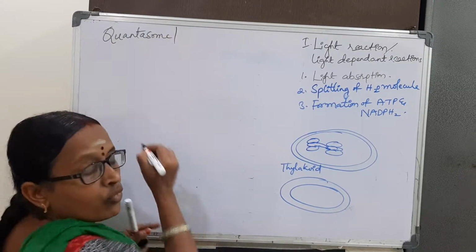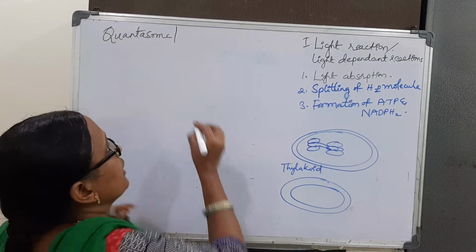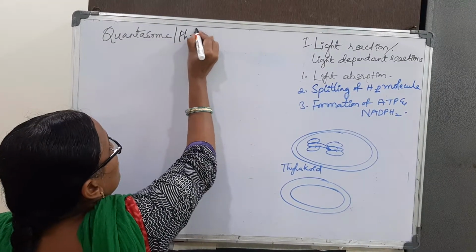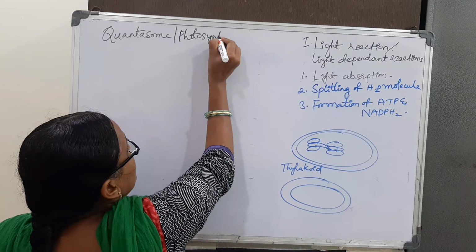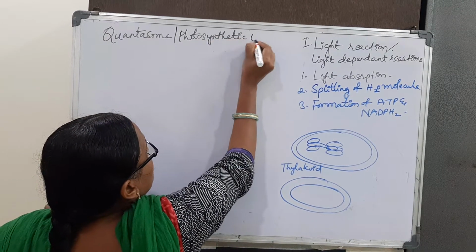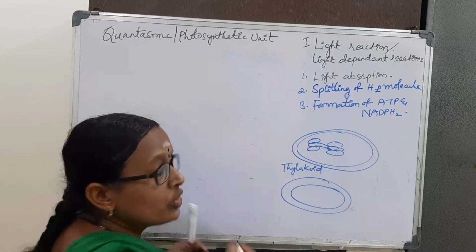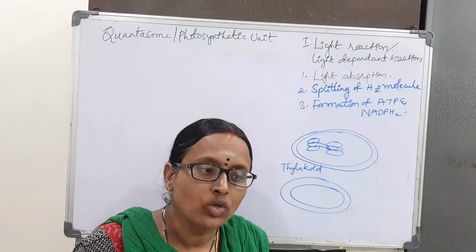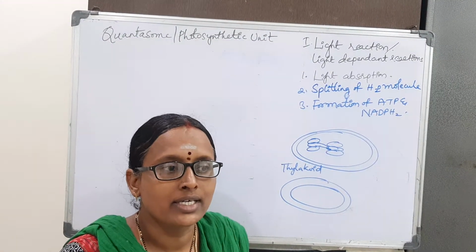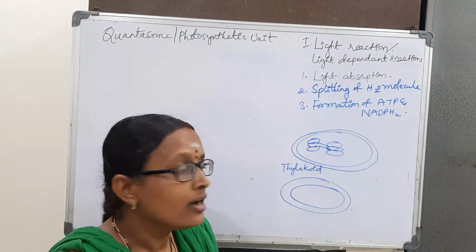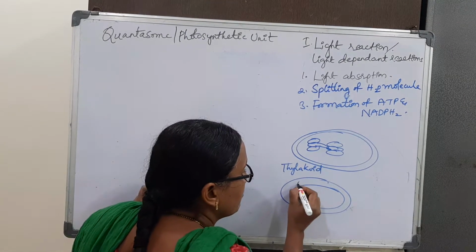Quantasome or photosynthetic unit. What is that? Photosynthetic unit. So we know that not only chlorophyll pigment, but carotenoids and xanthophylls are present in the thylakoid membrane.